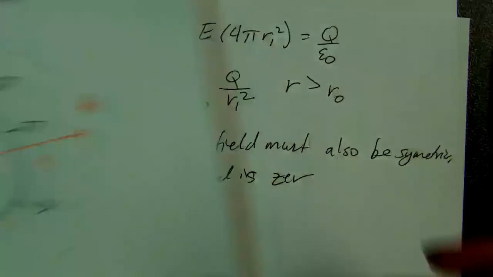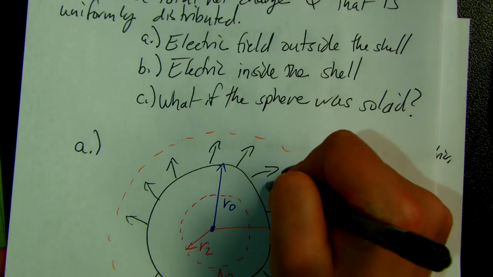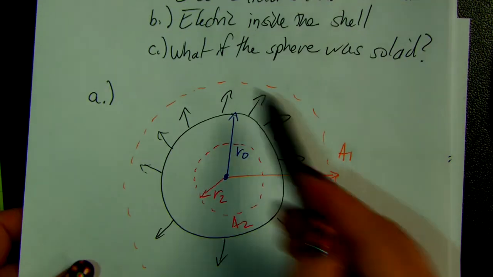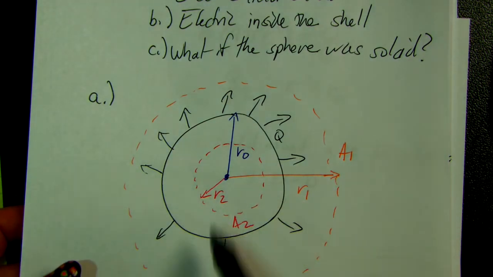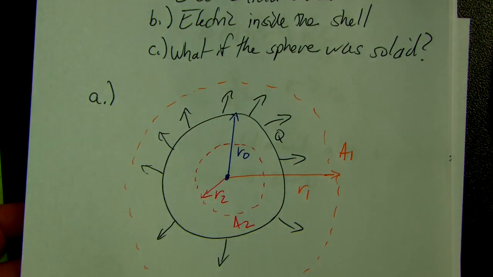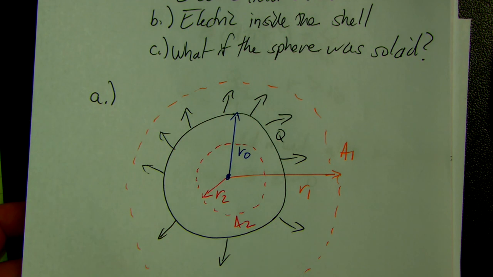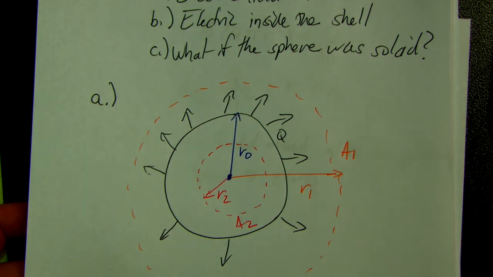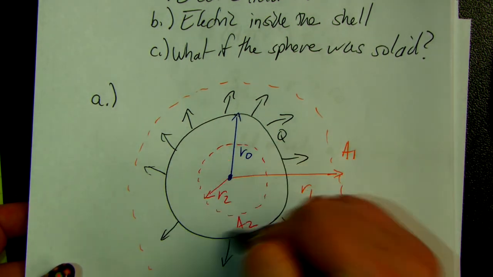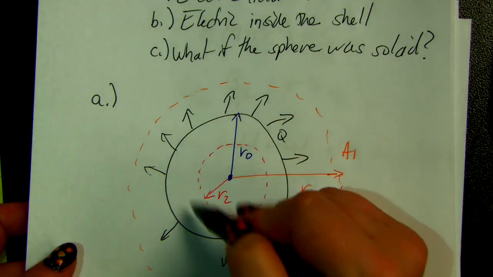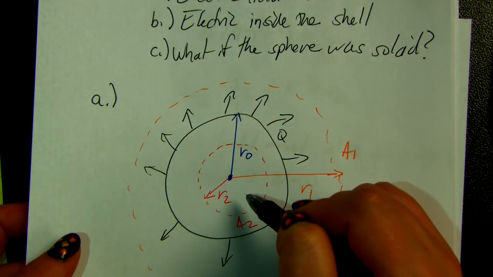So going back to our picture, remember Q on a shell is on the surface. So there's nothing in here. So there's nothing to give it any field whatsoever on the inside. So if you look here, there's nothing that is producing a charge that is enclosed.